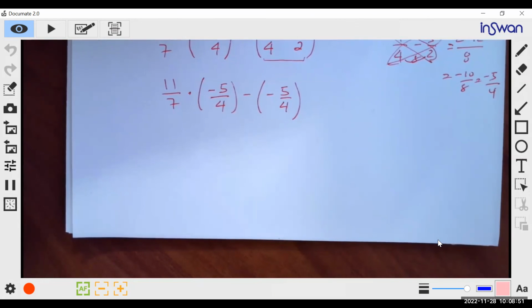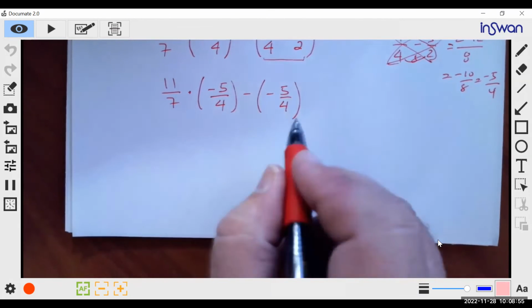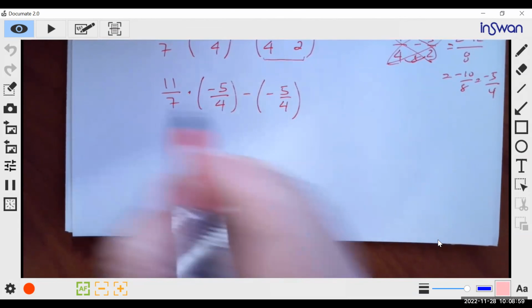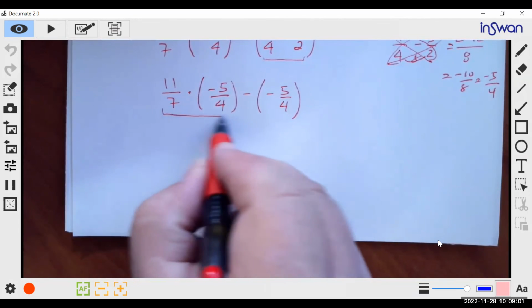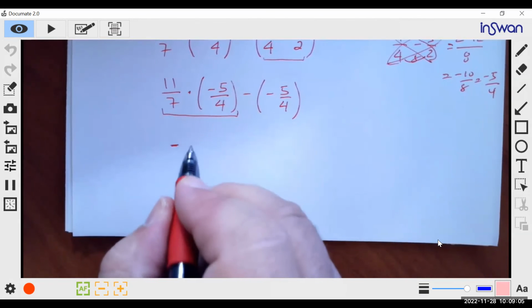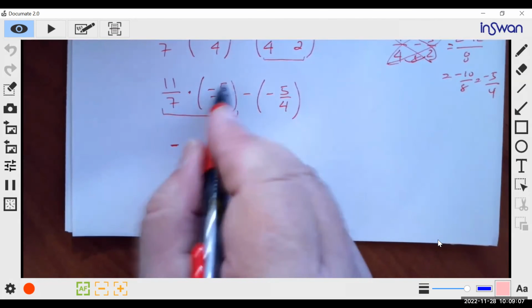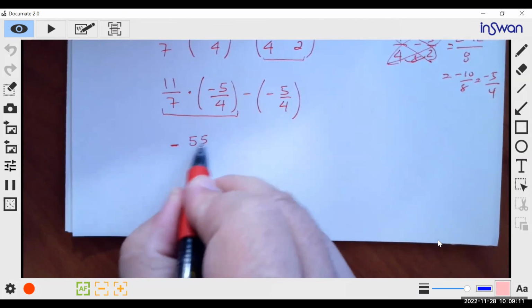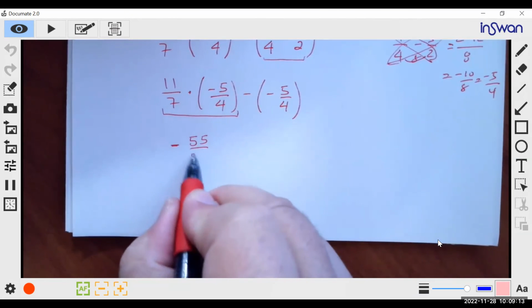Then what? Well, since we can't do anything inside the parentheses, go left to right. Next we have a multiplication division. Here's multiplication. Positive times negative is negative. Nothing cancels top and bottom. 5 times 11 is 55. 7 times 4 is 28.